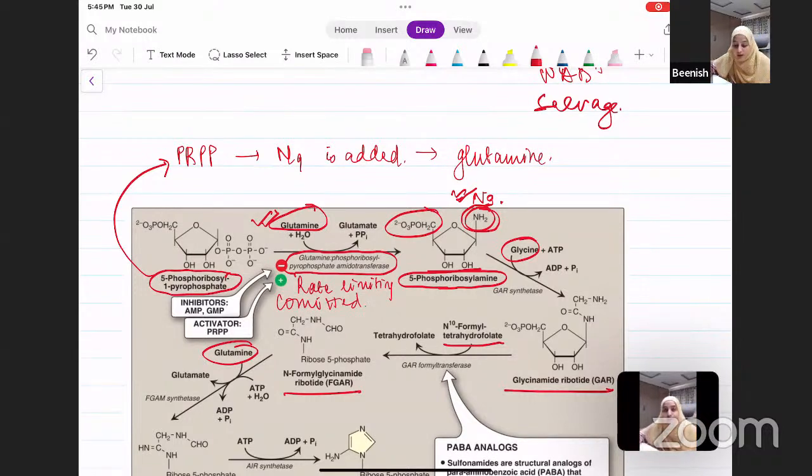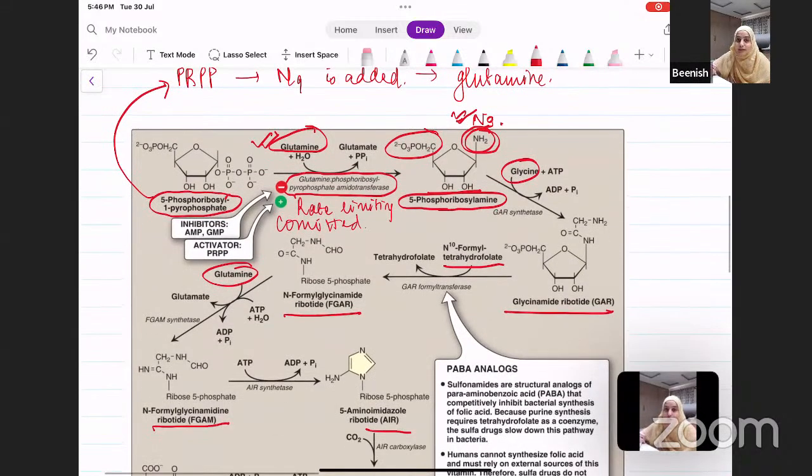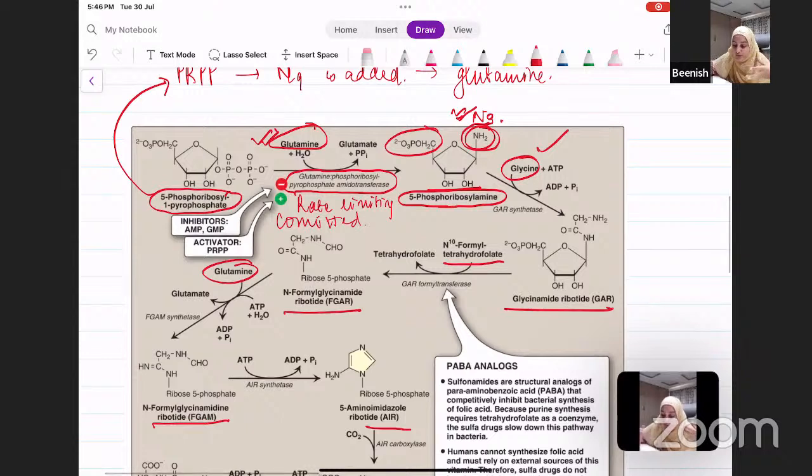Now you end up with 5-phosphoribosylamine. So to the ribose 5-phosphate, at carbon 1, you have the nitrogen 9 of the purine ring attached that has been contributed by glutamine. Now what is going to happen? Different contributors of the purine ring, different sources are going to come. You can see glycine is going to give its 2 carbon and nitrogen. Then tetrahydrofolic acid is going to give its carbon.